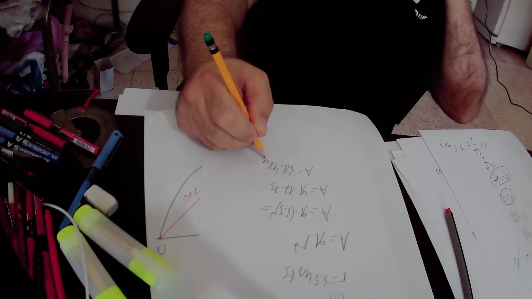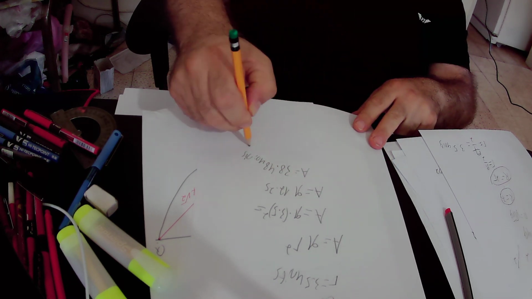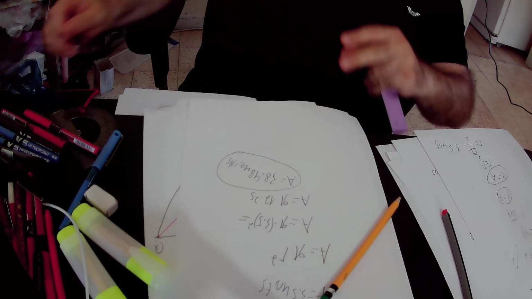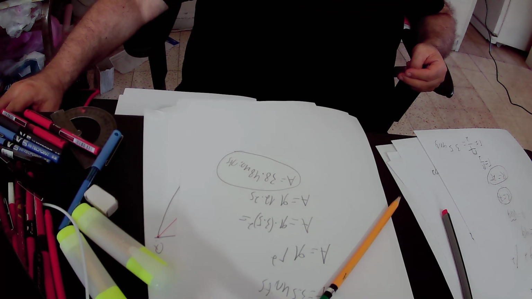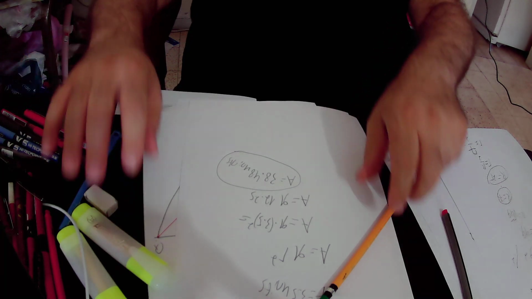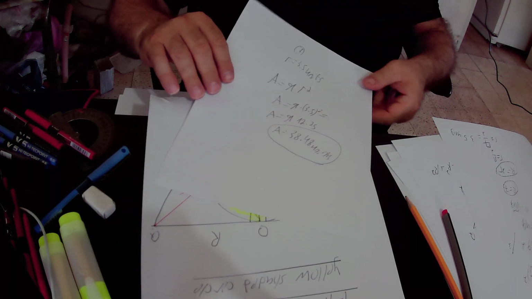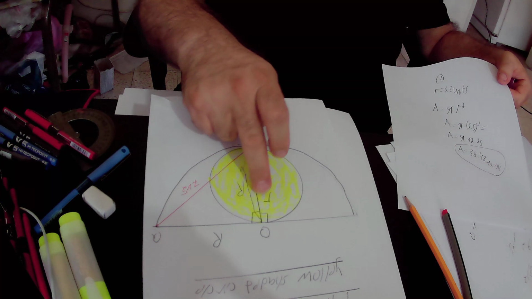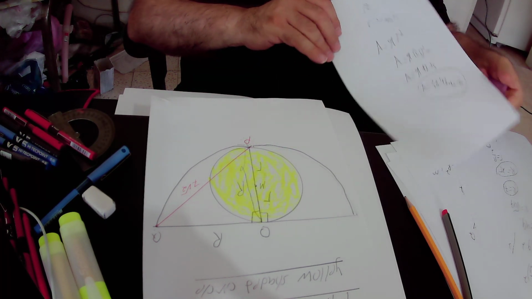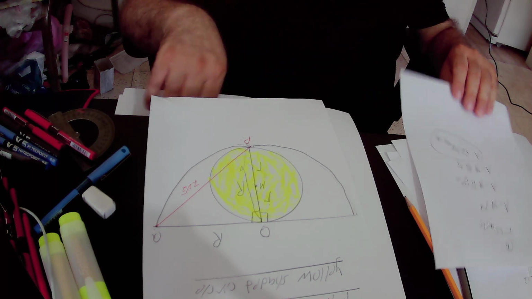I will verify that I'm not mistaken. Okay, it's correct. So the area of the yellow circle is equal to 38.48 units. So that is the answer to the question.